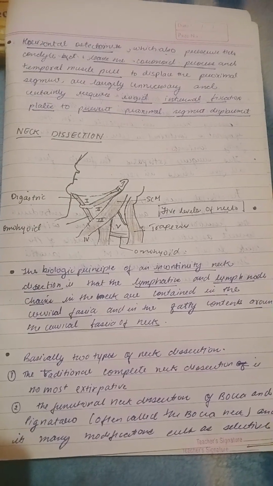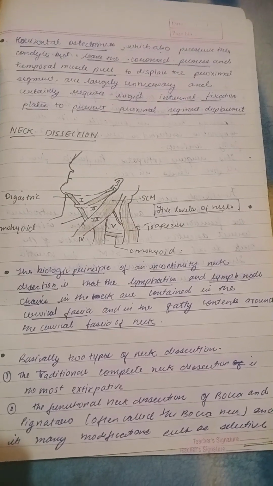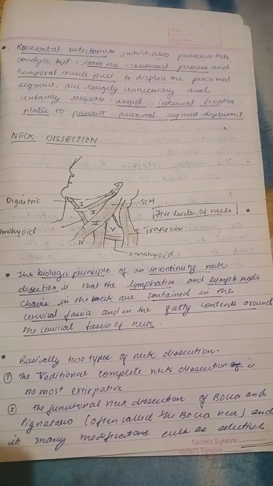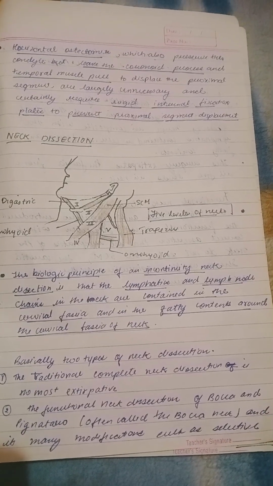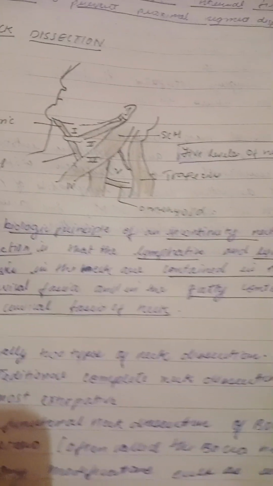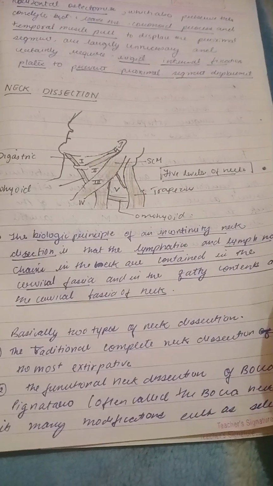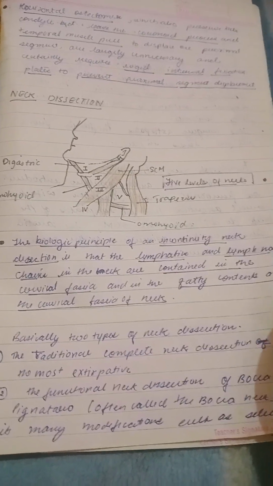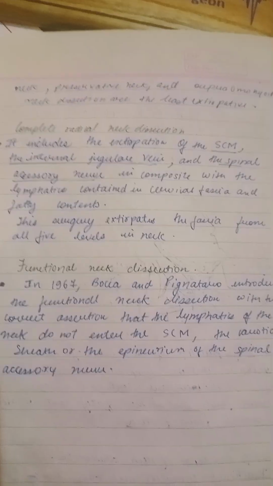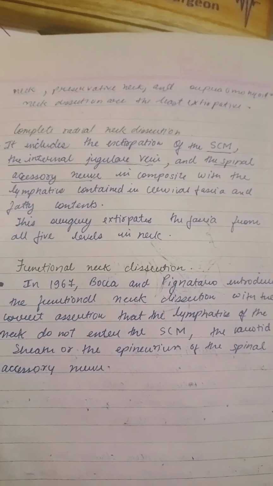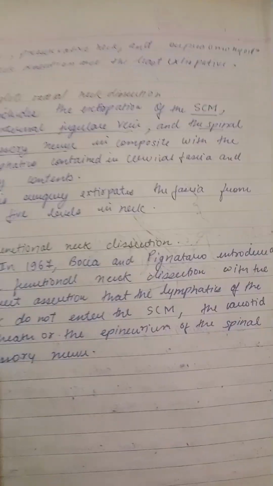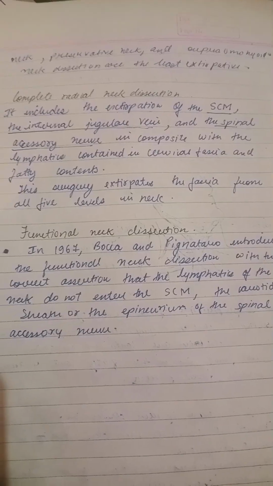Now the functional neck dissection of Bocca and Pignataro, often called Bocca neck, and its many modifications. The first is the complete, traditional neck dissection. The second is functional neck dissection, which is given by Bocca and Pignataro, and it has many modifications such as selective neck, preservative neck and supraomohyoid neck dissection, and they are least extirpative. Okay, they are least extirpative.